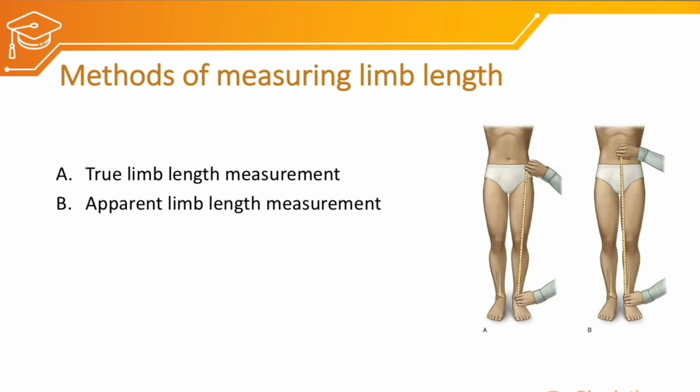As you can see in the picture here, the true limb length measurement is taken from the anterior superior iliac spine to the medial malleolus, whereas the apparent limb length measurement is taken from the umbilicus to the medial malleolus. So this is the basic difference between the true limb length measurement and apparent limb length measurement.